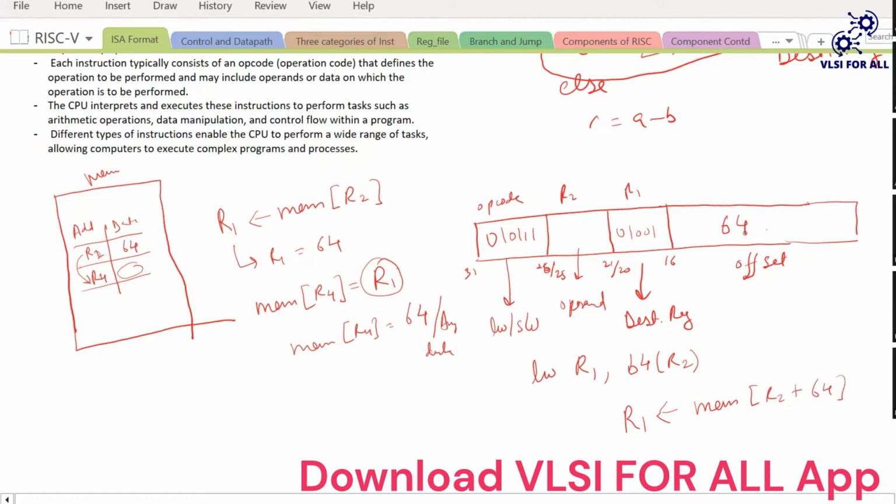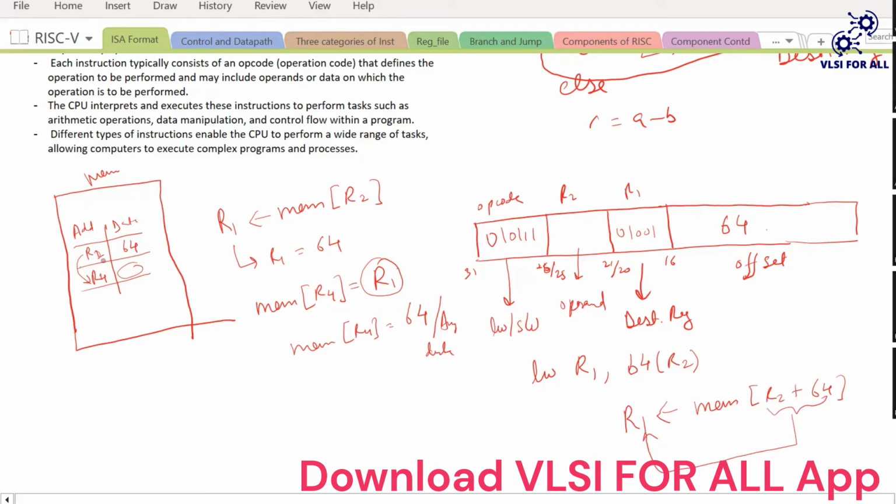This offset is telling us what we have to add to our address, right? We have to add 64. Basically, it should be 64 into 4, but this is address unit. We are adding 64 to the current address, and then we are loading that from the memory. So for example, let's say this is R2.